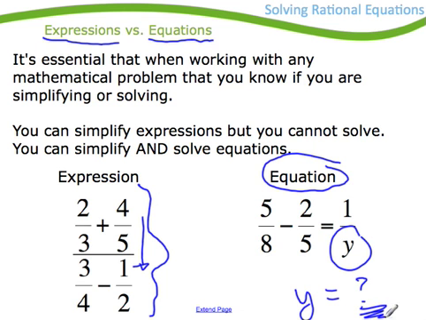We want a number, or sometimes an expression, but typically a number. There are similarities, but also different tools for each one. Expressions, you simplify. Equations, you solve. I guess in equations you do some simplifying too, but in the end, we want you to solve them.